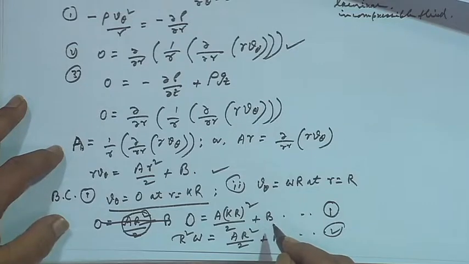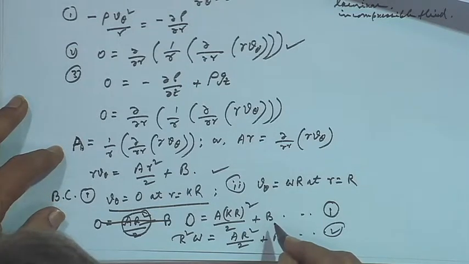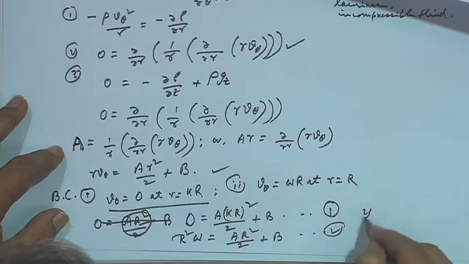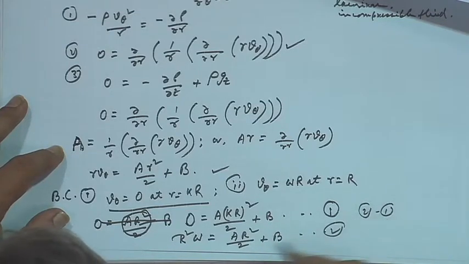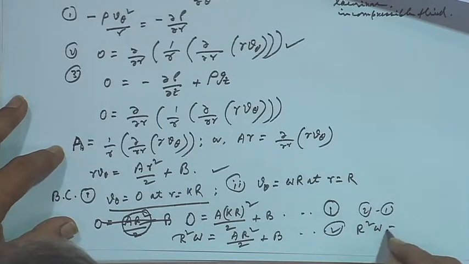If we subtract, 2 minus 1, then B becomes equal to 0, then R square omega is equal to A by 2.